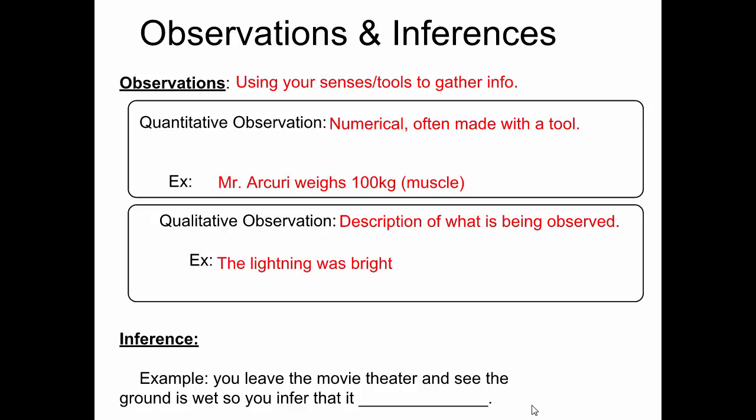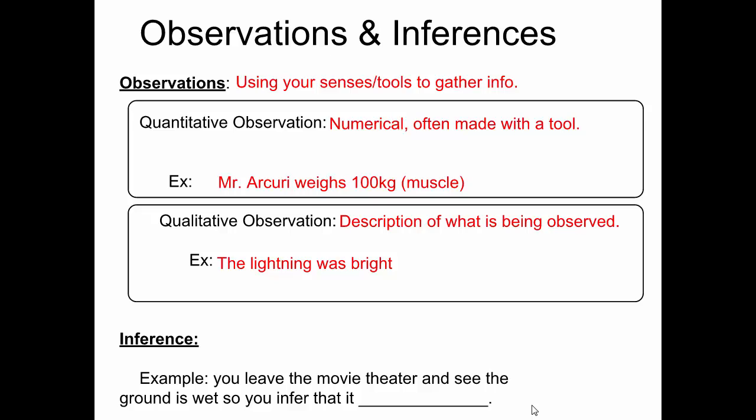If I say the lightning was bright, that is a qualitative observation. If I say the shirt is blue, that is a qualitative observation. They don't have a number with it. So that's our two different types of observations.